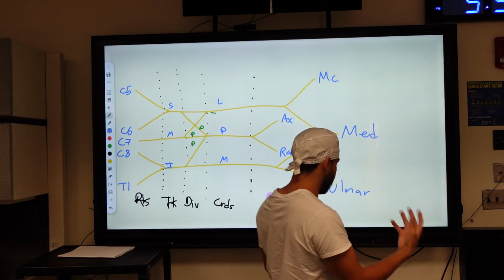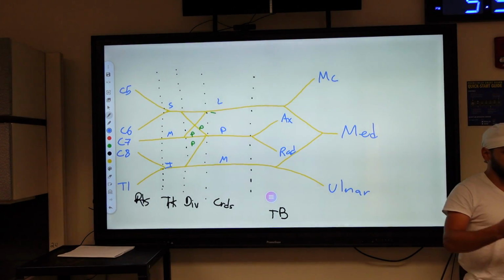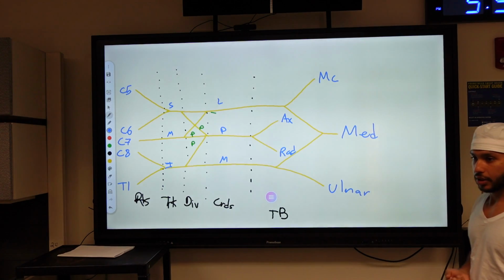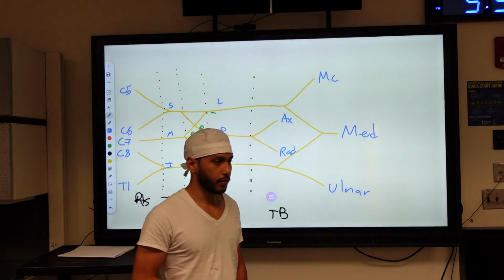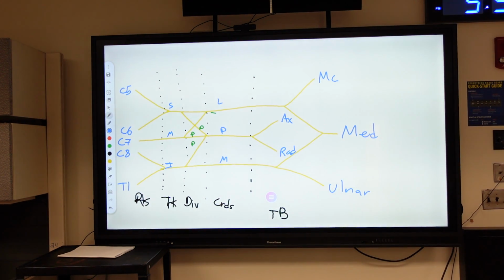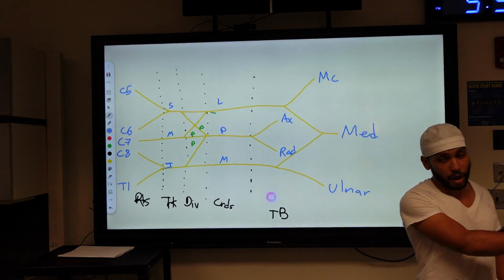And grossly speaking, the area where they go, musculocutaneous, right? What area does that innervate in terms of motor innervation? Which muscles? Which compartment of the arm? Anterior compartment of the arm, right?